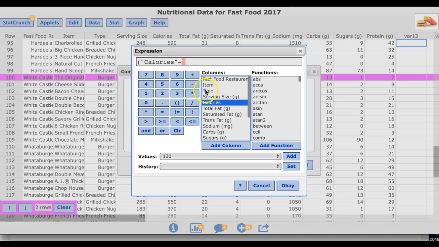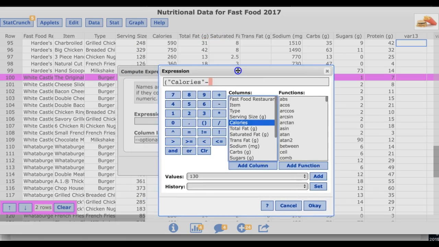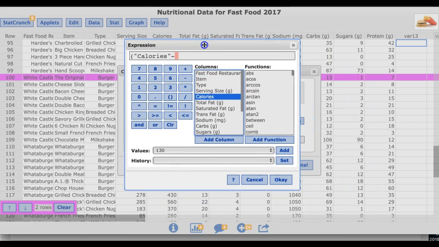whatever the calories, minus the mean, which is 620.2. So I want to do this difference. Every calorie that you have, subtract the mean and divide it by the standard deviation, which is 277.16.